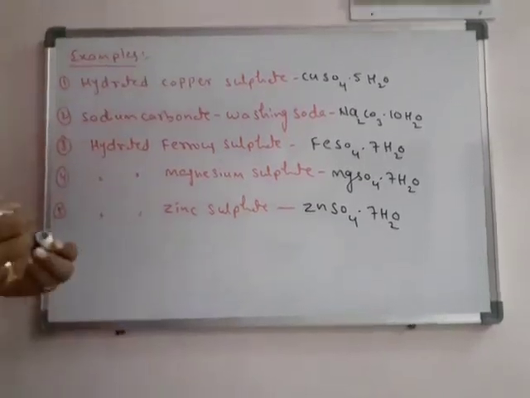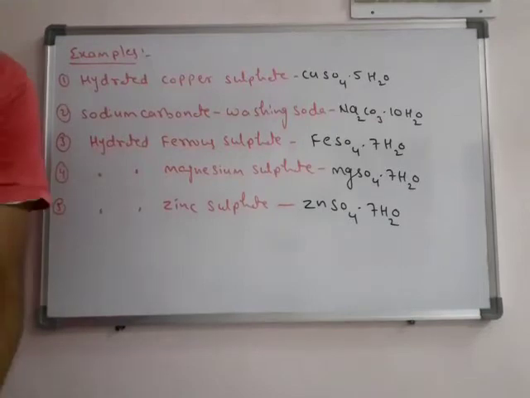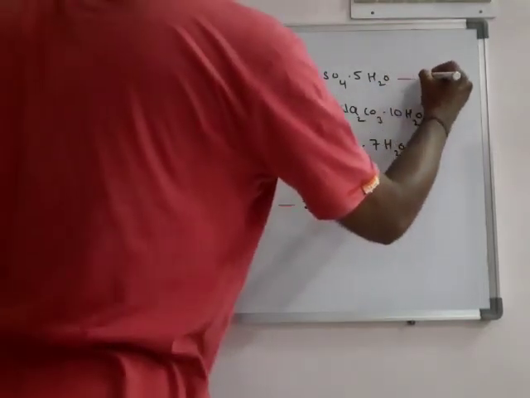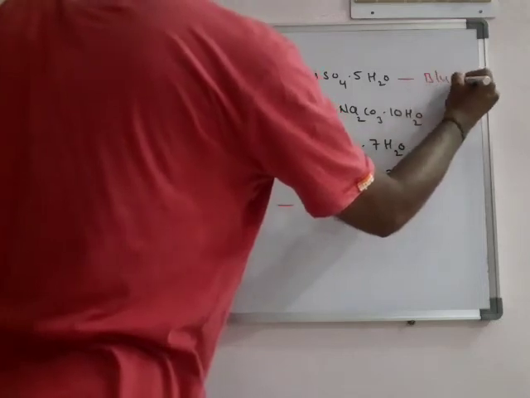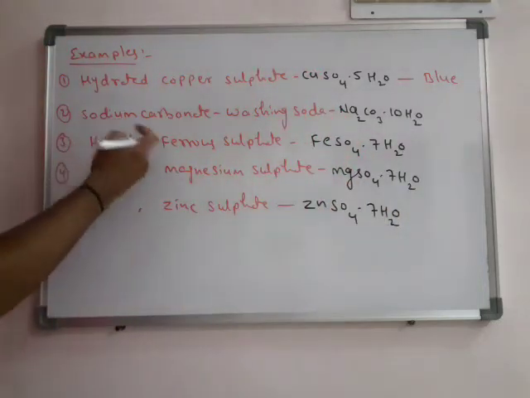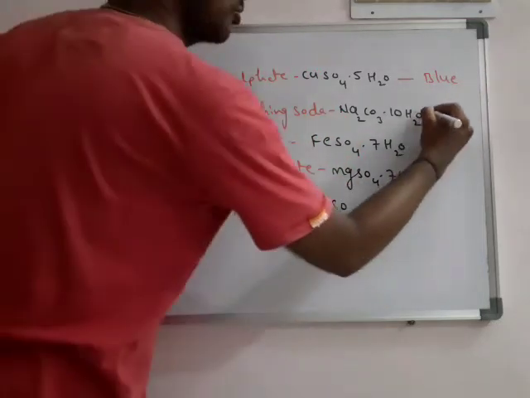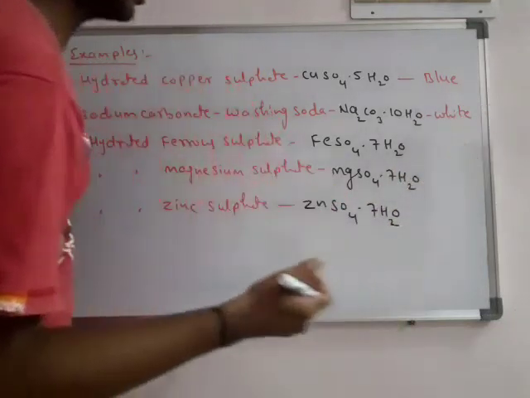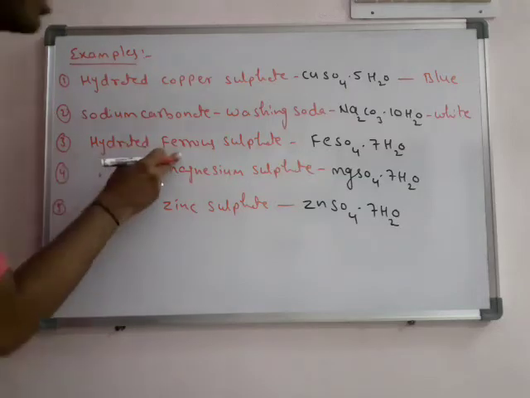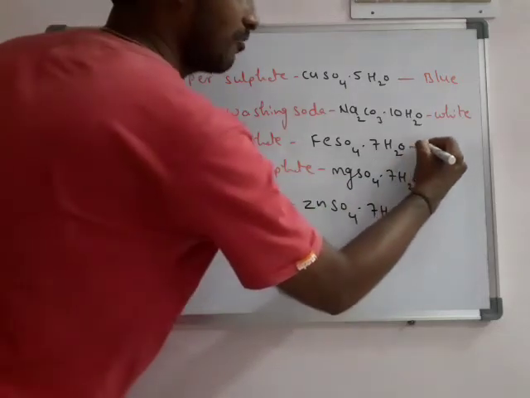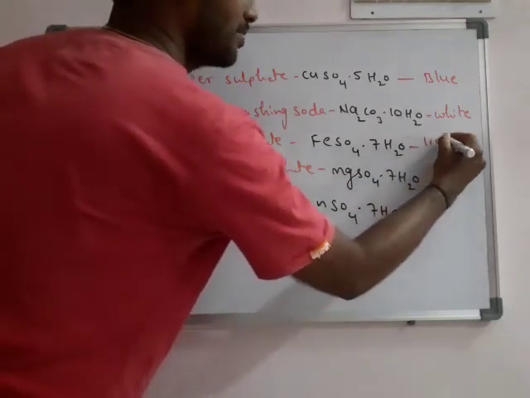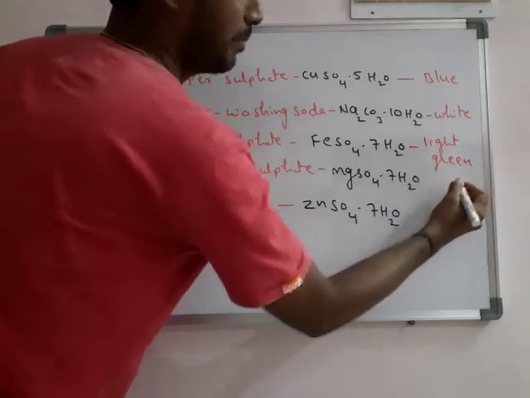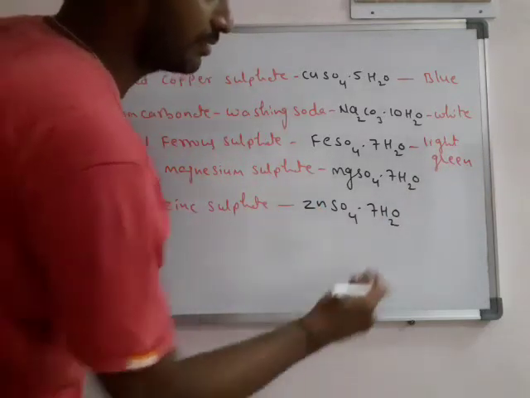Here one more important thing: their color is also important. So what is the color of copper sulfate? We know hydrated copper sulfate is blue. What is the washing soda color? We know it is colorless, nothing but white powder. Hydrated ferrous sulfate is present in light green color, a pale, dull green.